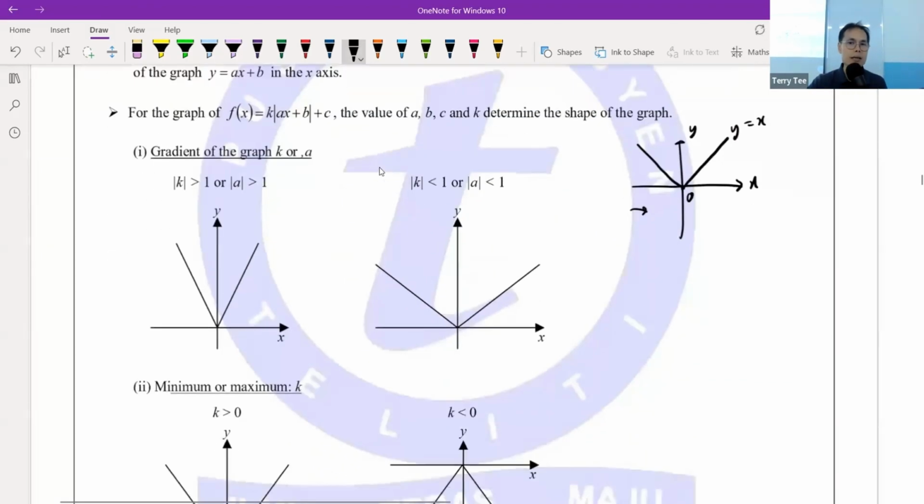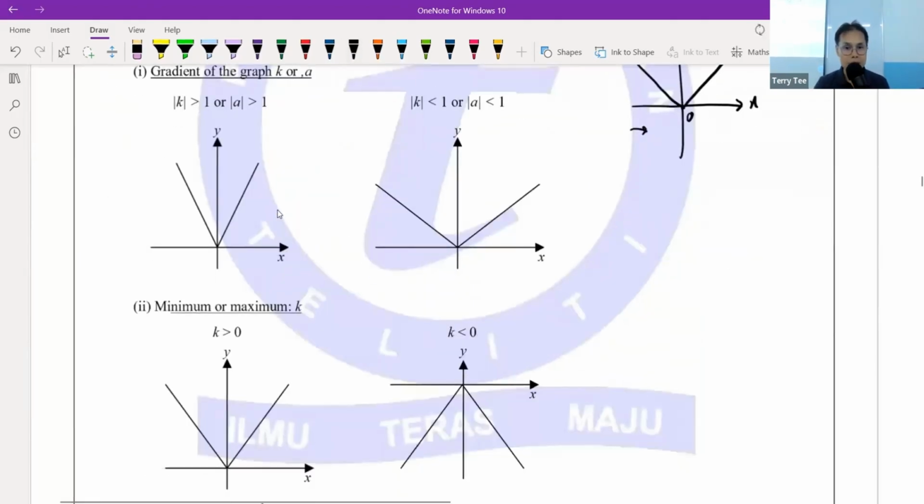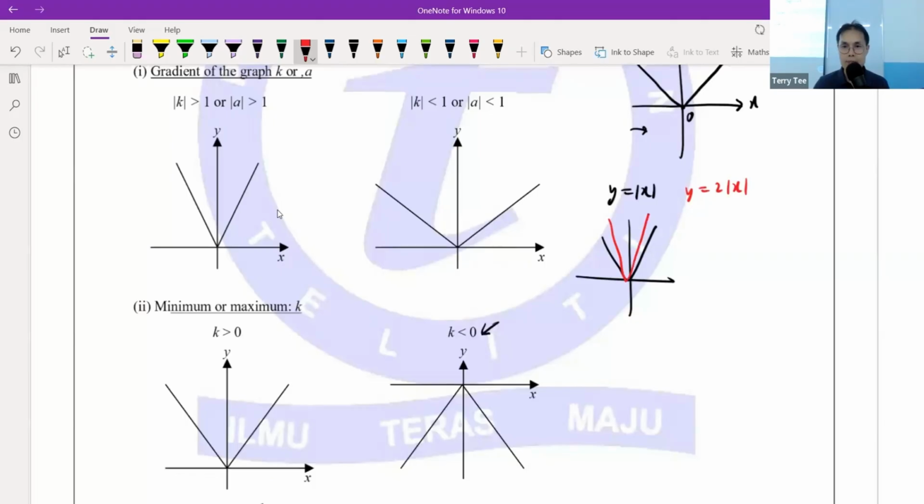But the moment the number in front changes, for example, you notice I put a K here, you may have -2 modulus x. If you have a negative in front, then the graph is upside down. The number in front also determines the steepness. For example, what is the difference between modulus x, a V shape, versus 2 modulus x? 2 is sharper.